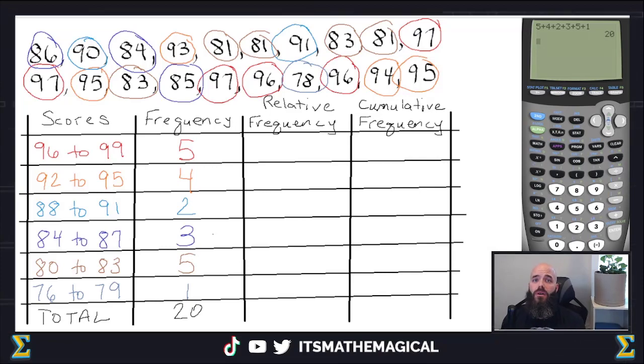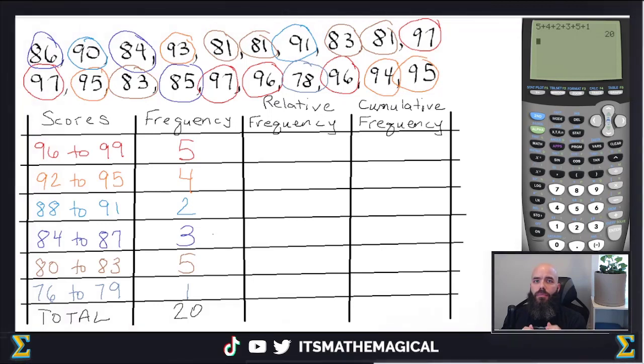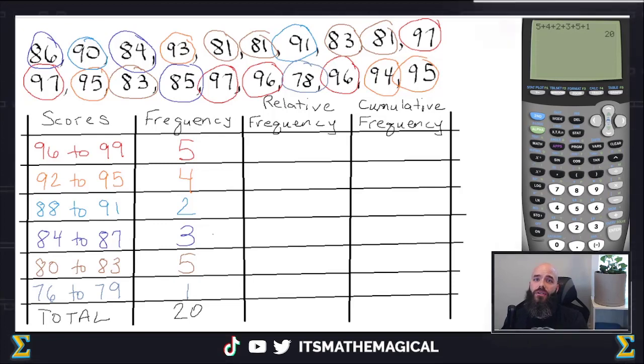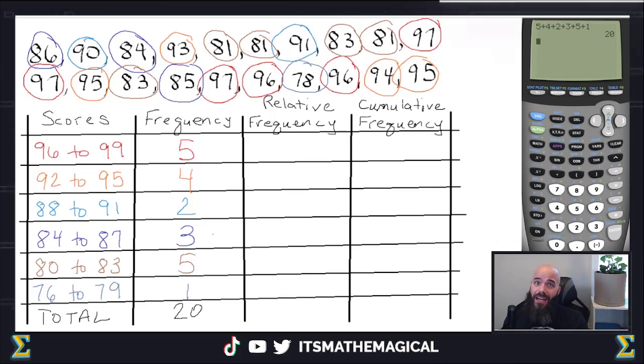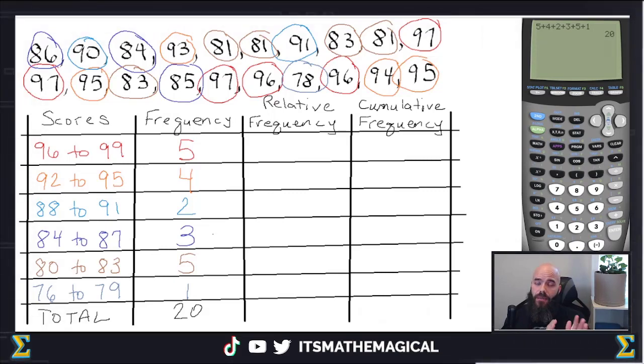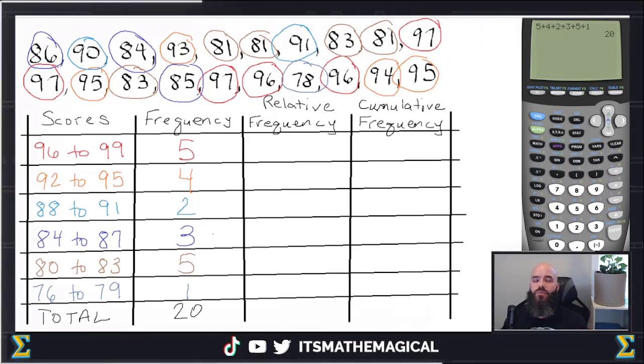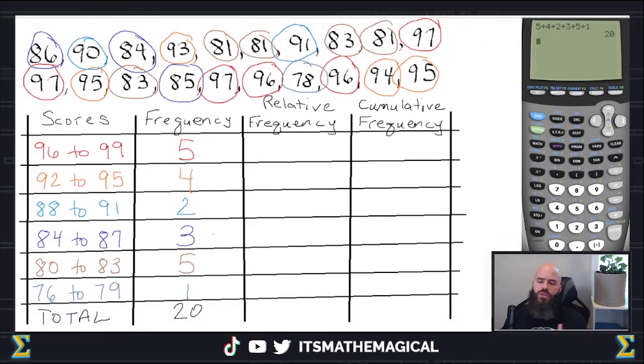All right, so now let's talk about relative frequency. What that is, it's the percentage at which the category occurs in the entire data set. So what I mean by that is, remember we have 20 data points in this data set. The first bin takes up 5 of those 20 data points. We want to represent these relative frequencies as percentages, but you can also represent them as fractions and decimals, as we talked about before.